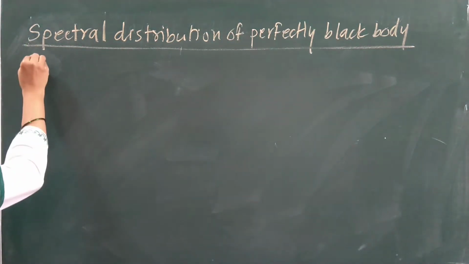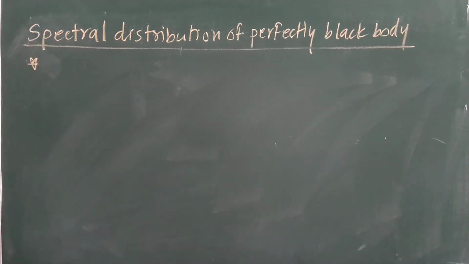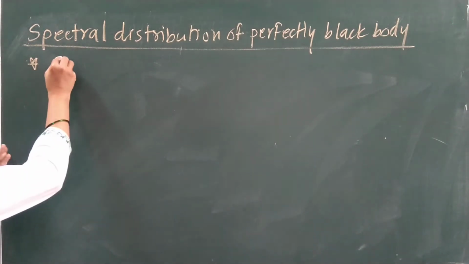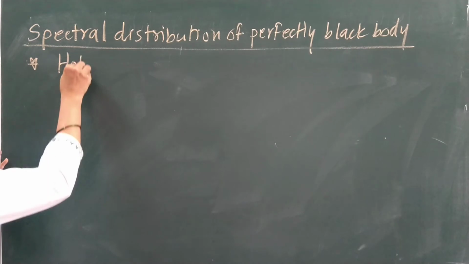In that, now we are going to consider three important points. What is the first point? The first point I can say is that a hot body radiates electromagnetic radiation.